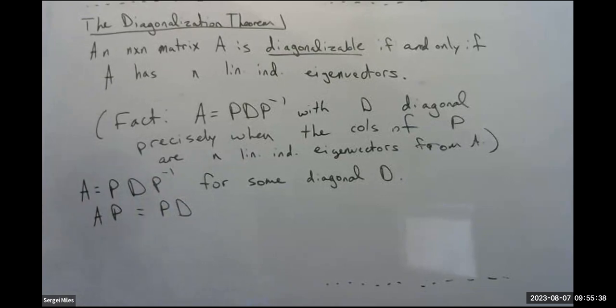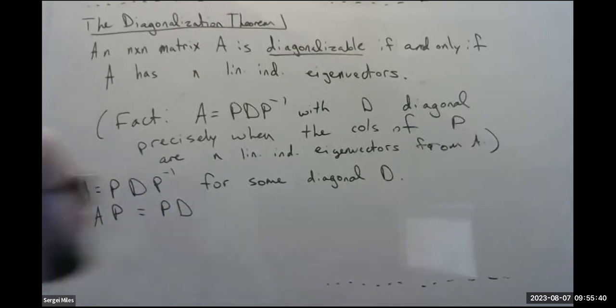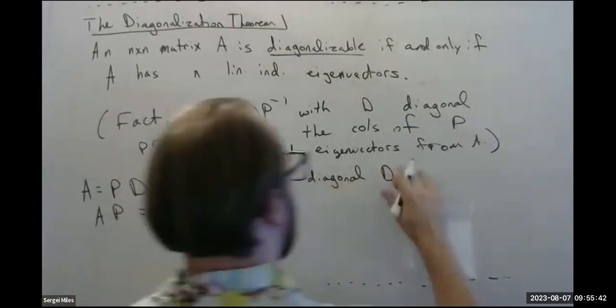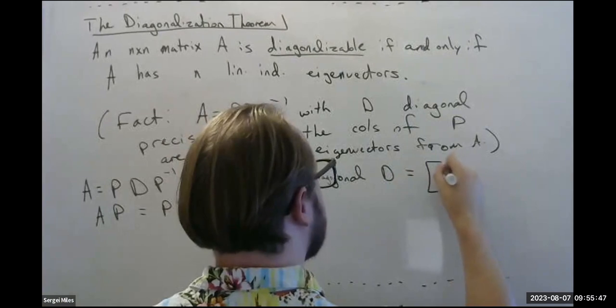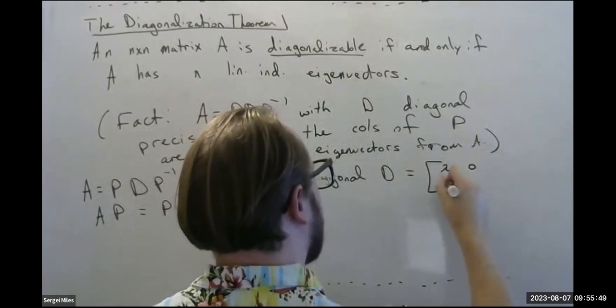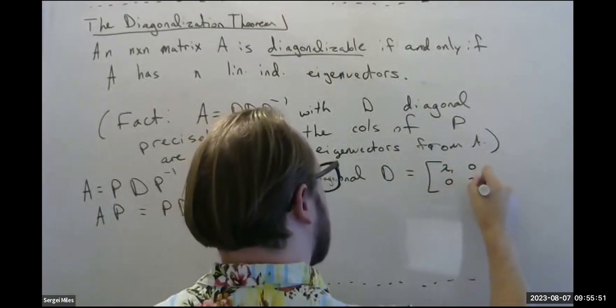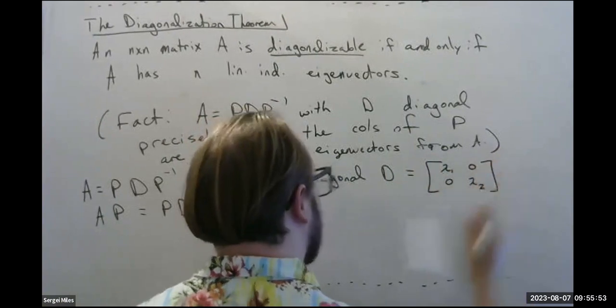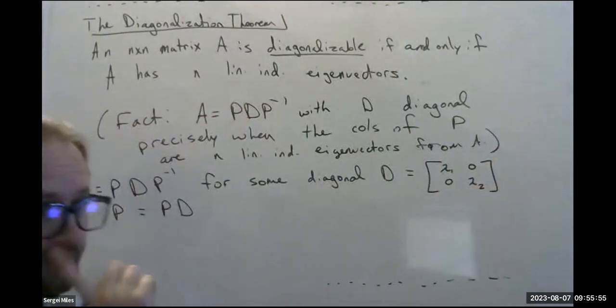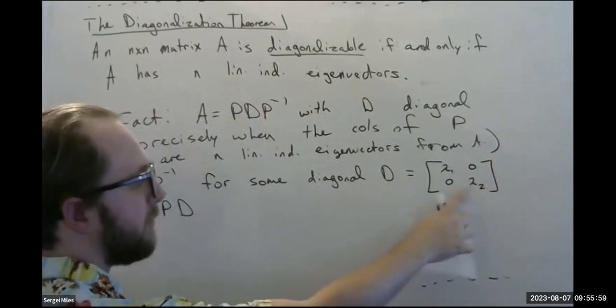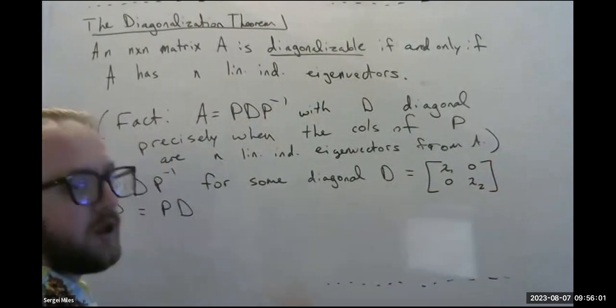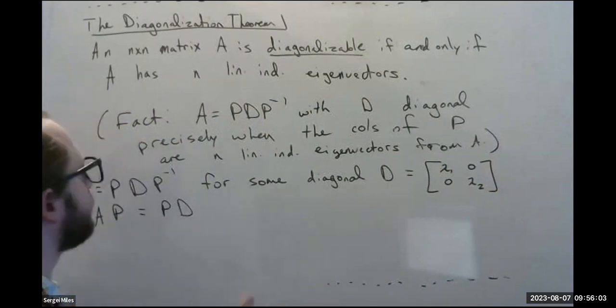Now, what is this matrix P, and what is this matrix D? Well, my matrix D is a diagonal matrix. It has some constants. Maybe I don't know what those constants are, but I'm going to call them lambda 1 and lambda 2 for now. There's a reason for that. In fact, the diagonal matrix is going to be made out of eigenvalues, but we'll see that in just a moment.